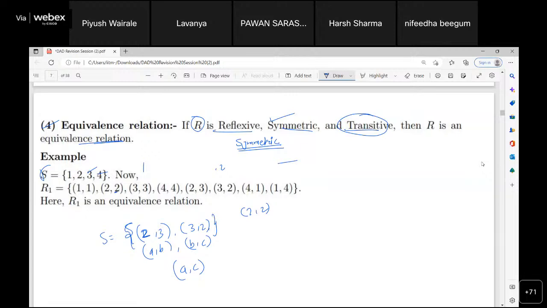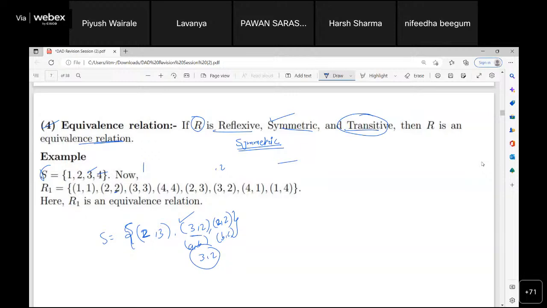If it is present, suppose I include 2 comma 2 in the set, then I can say it is transitive. Let us see. 3 comma 2 and then 2 comma 2. Here this is a comma b and this is b comma c, and 3 comma 2 is already present.